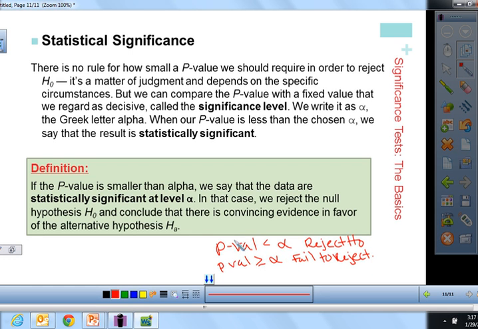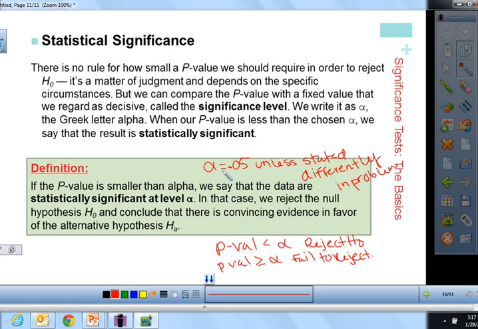All right, so that's what we're doing. We will always compare our p-value to the given alpha level. Remember I told you that alpha, the significance level, is equal to 0.05 unless stated differently in the problem.